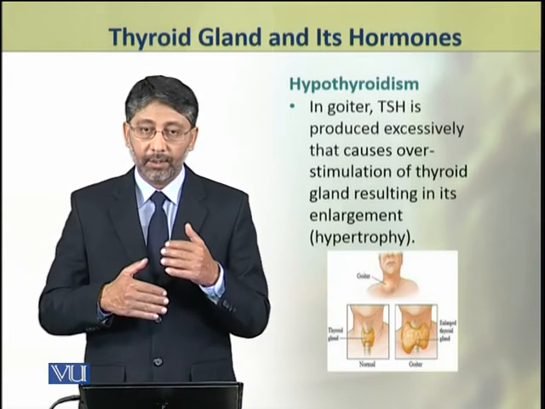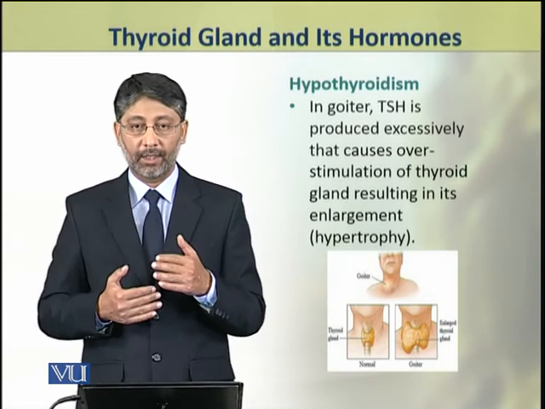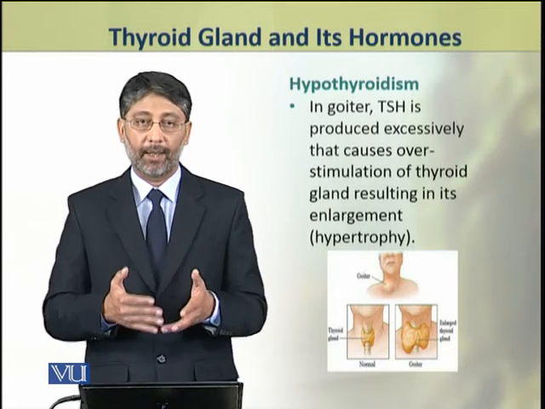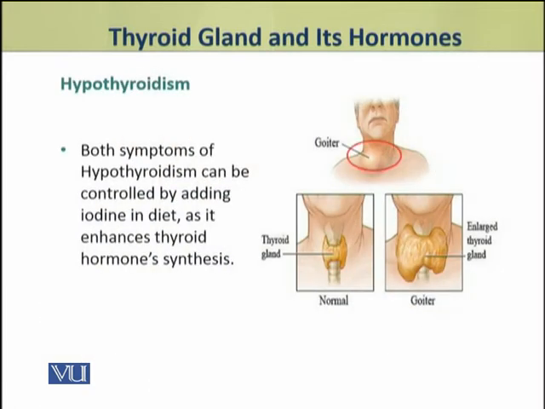That is, hypertrophy occurs and this disease is called goiter. Here we can see the symptoms of goiter in a patient with enlarged throat. This is the symptom of goiter. Inside it, we can see the hypertrophy of the thyroid gland.